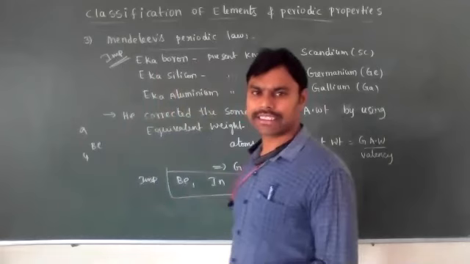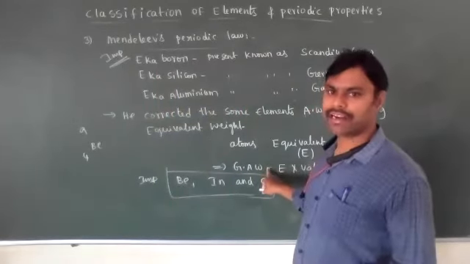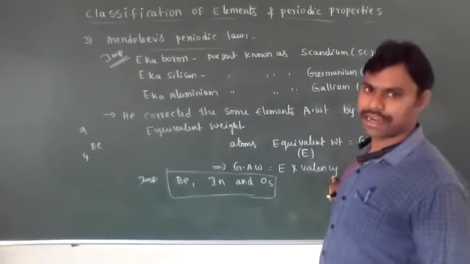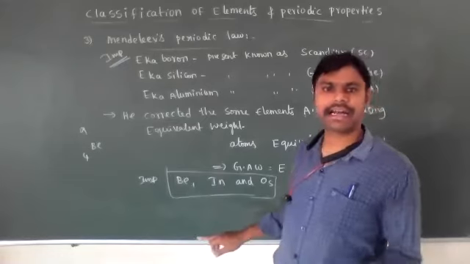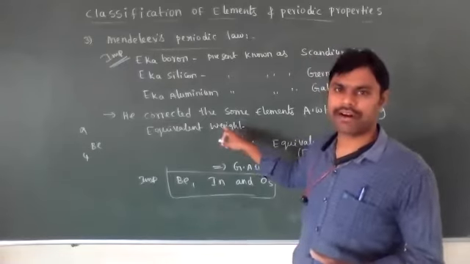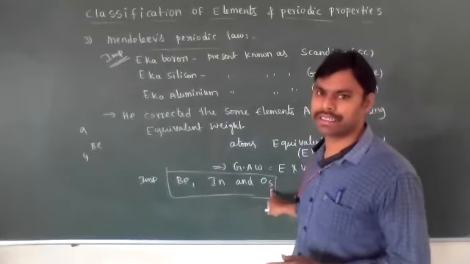How did he make that correction? He used this formula: atomic weight is equal to equivalent weight into valency. According to this formula he corrected the atomic weights of elements like beryllium, indium and osmium.